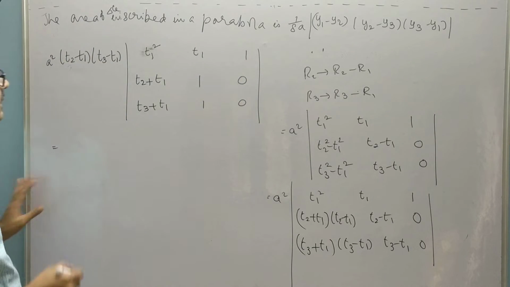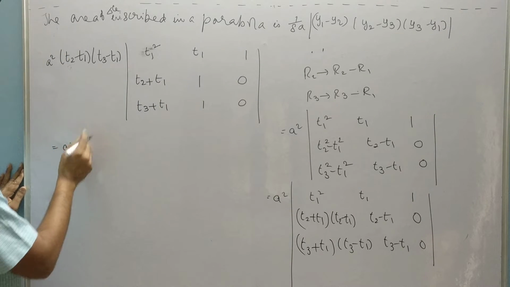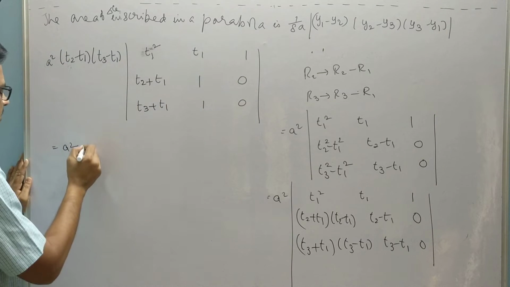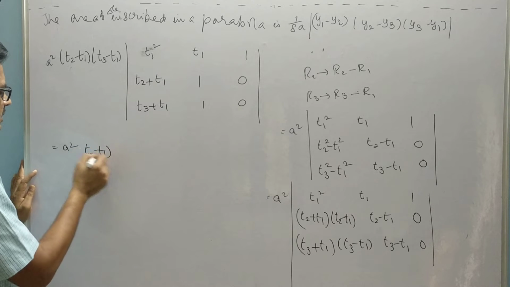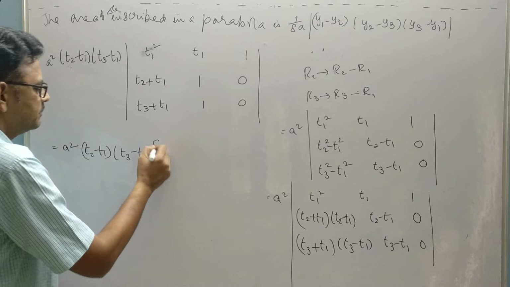So this is expanding along the first row. So this is a square into (t2 minus t1) into (t3 minus t1) by expanding.